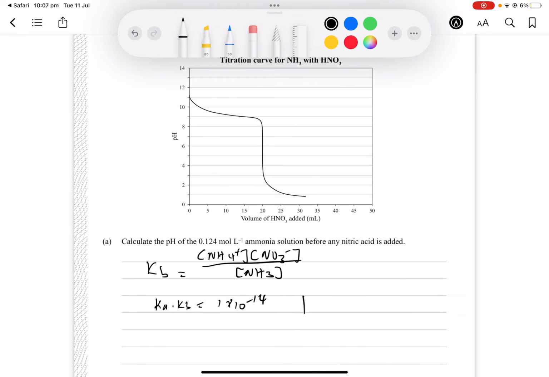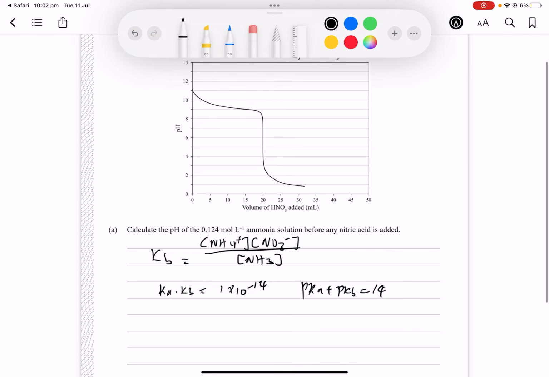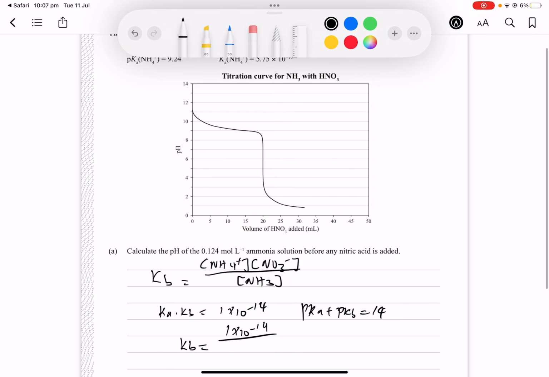Or in terms of pKa, pKa plus pKb equals 14. So therefore, Kb is equal to 1 times 10 to the power of negative 14 divided by the value of Ka, which is 10 to the power of negative 9.24.